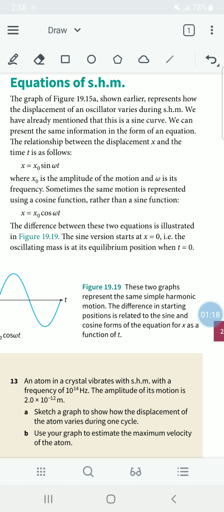So then we can present the same information in the form of an equation. The relationship between the displacement x and time t is as follows. Okay, don't think too much about it. Don't try to focus on how this equation comes about.